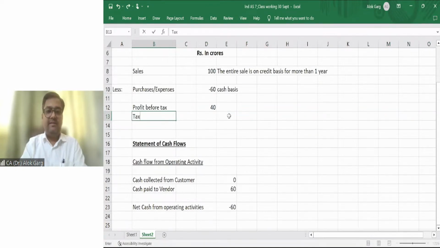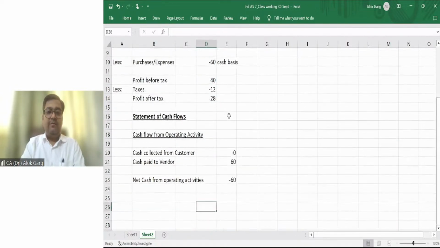So taxes, less tax. For example, the company is having a 30% bracket on 30% profit after tax. Profit after tax is 28 crores, right? So net cash from operating activities.